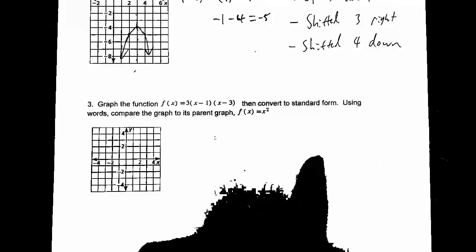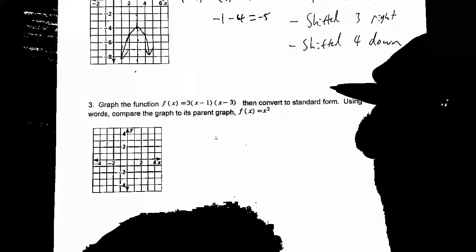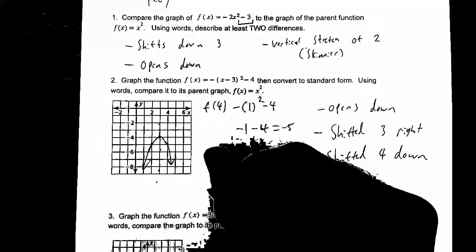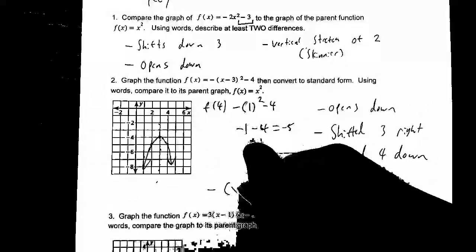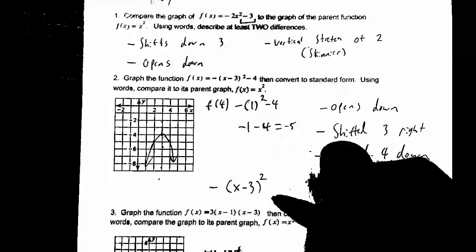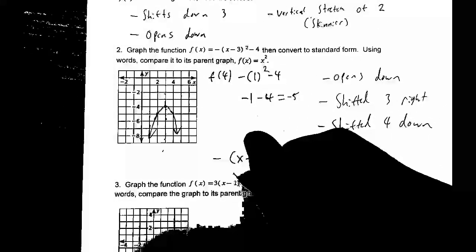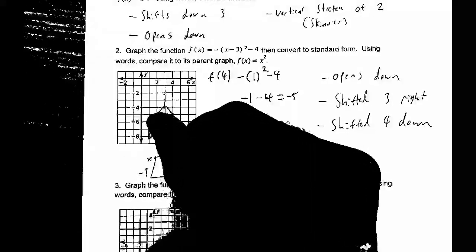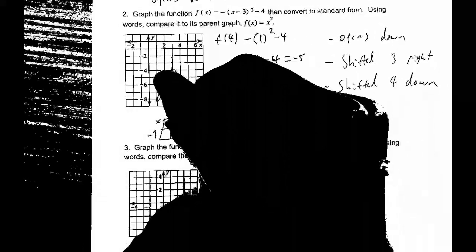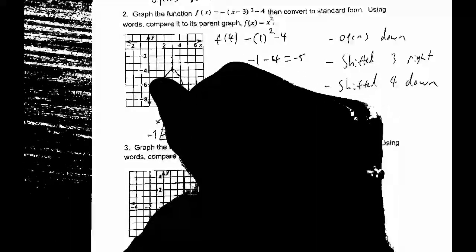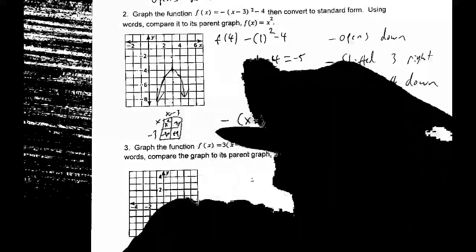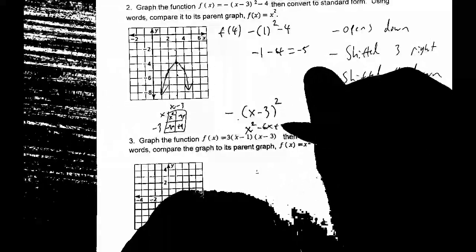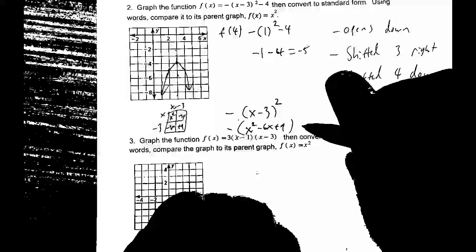Okay, now let's convert this. It's in vertex form, so we have to convert it to standard form. To do that, we're going to FOIL this out, so distribute it out. x minus 3 squared, if we did it over here, x minus 3 times x minus 3, comes out to x squared minus 6x plus 9, all of that negative, and then minus the 4.